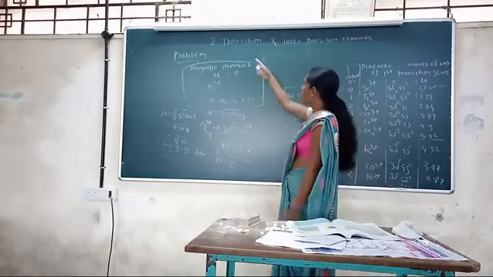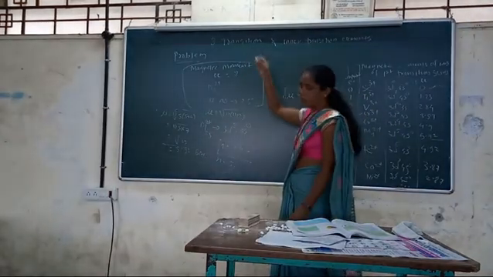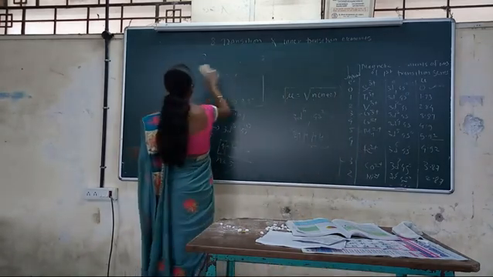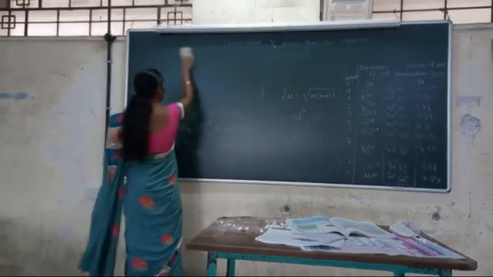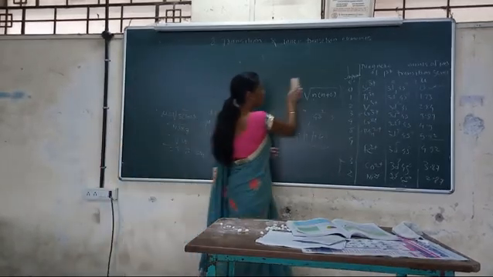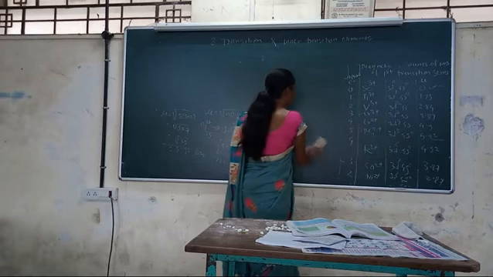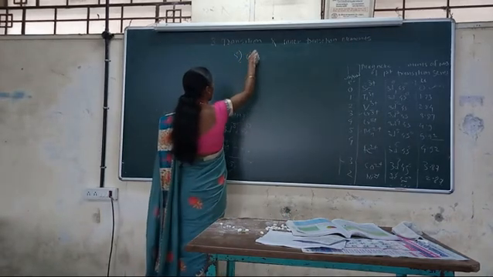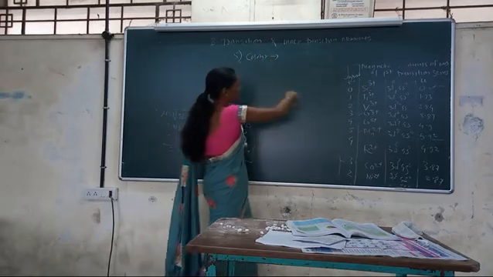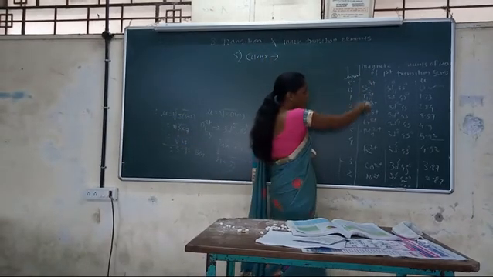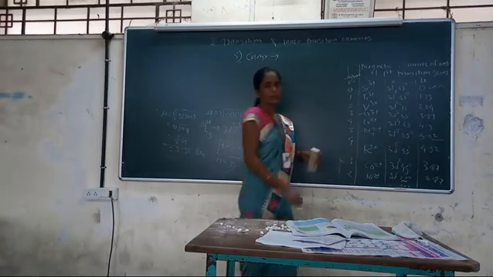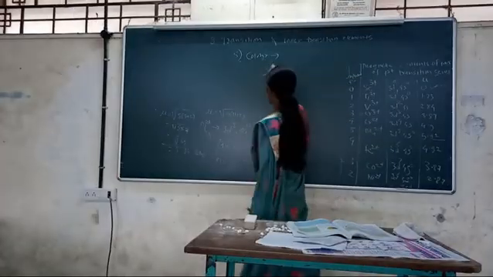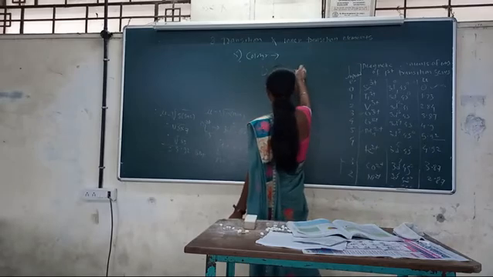The next trend, the fifth property, is color. Color also depends on the number of unpaired electrons in the outermost d orbital. For the first transition elements, scandium to zinc, color depends on the number of unpaired electrons.